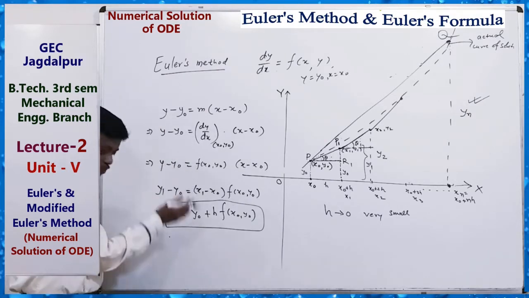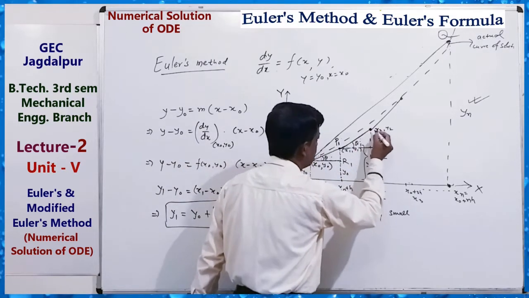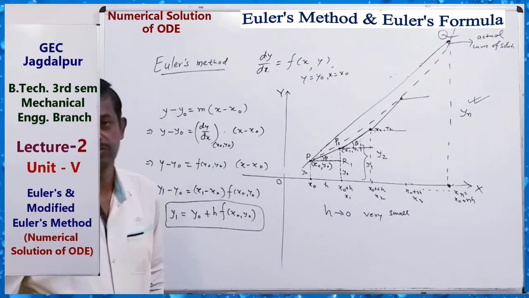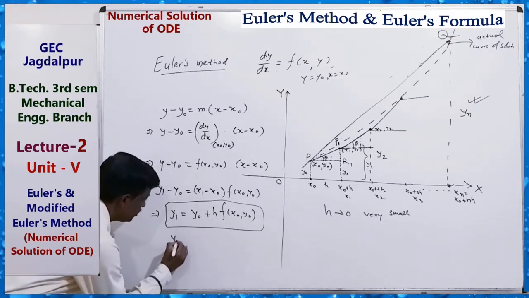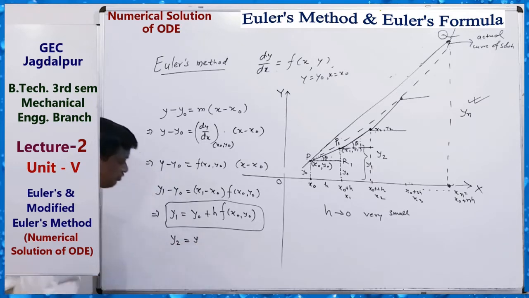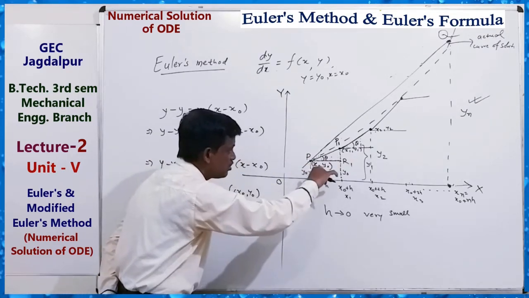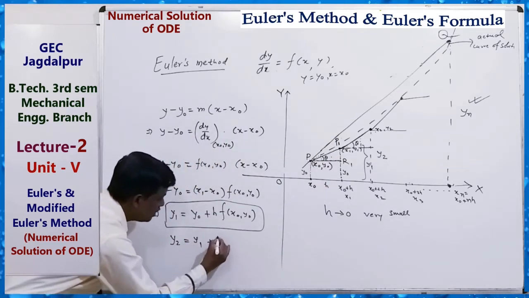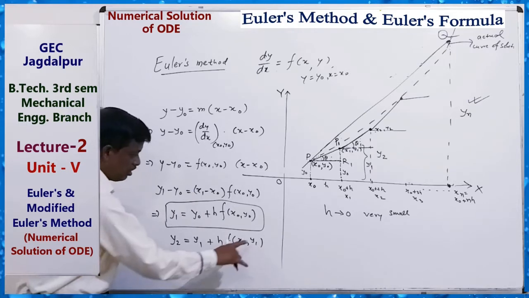Here, in Euler's method, we do this process step by step at this point, also at this point, also here, and we will get the point Q. That is our targeted value. So the second step: y2 equals y1 plus h f(x1, y1), because now we do the same process at this point. So in place of x0, y0, x1, y1 will be used. y1 comes from here.